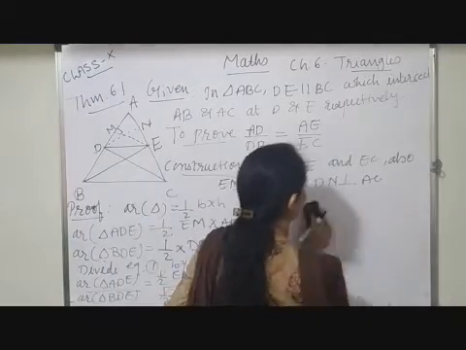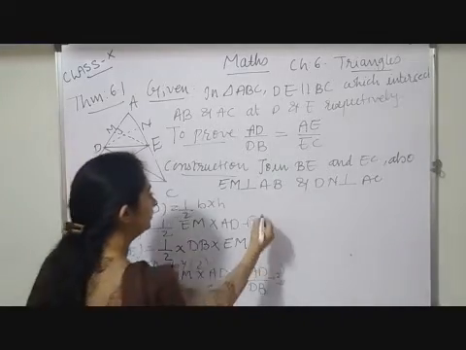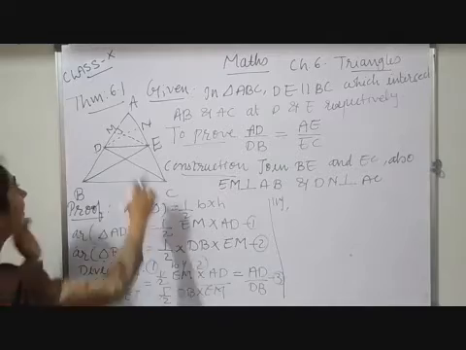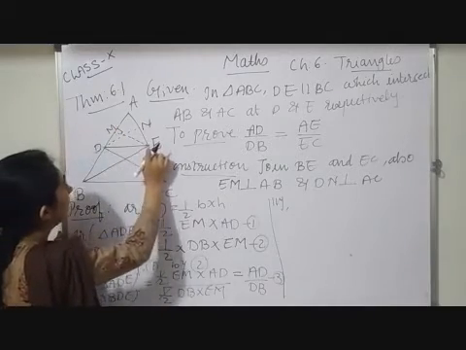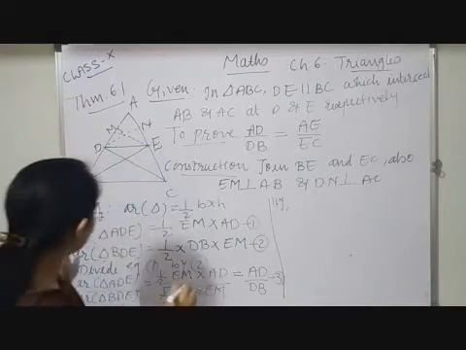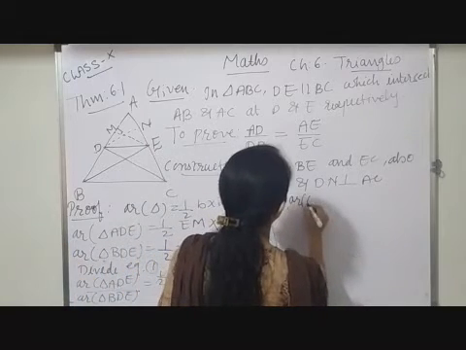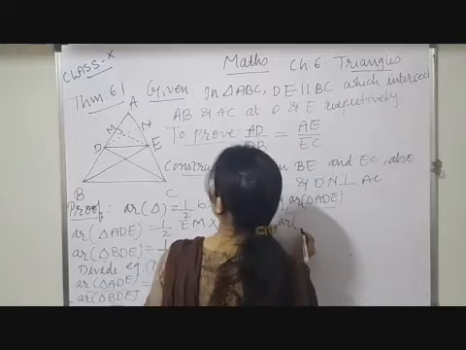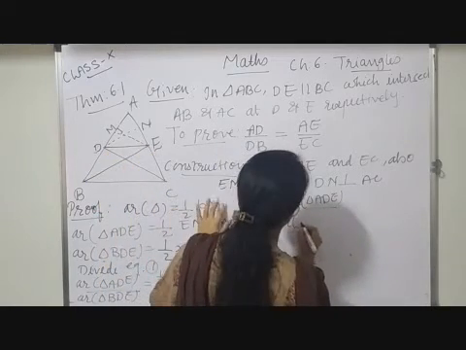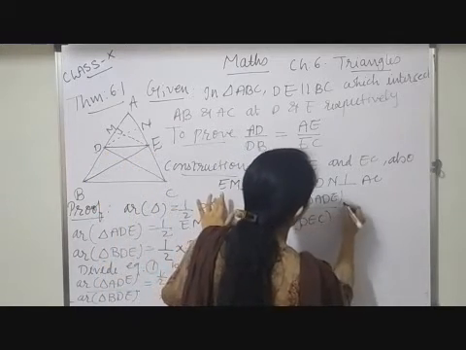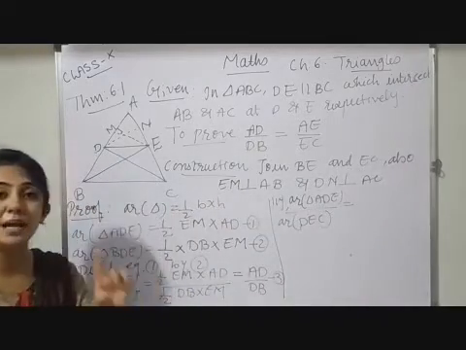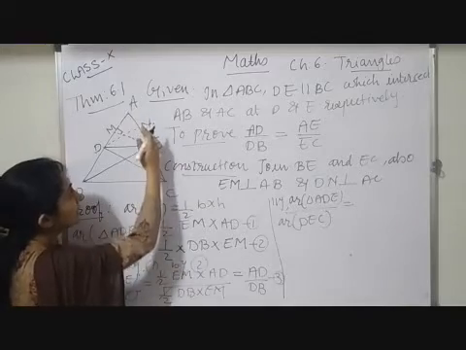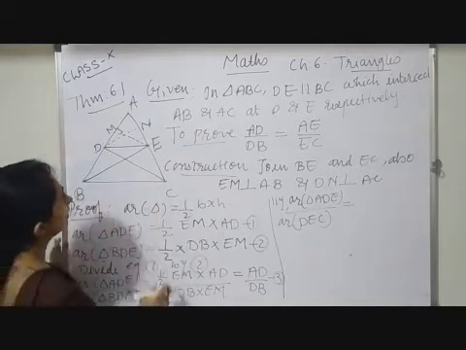Similarly, if I take the ratio of triangle ADE and triangle DEC, what am I getting? The area of triangle ADE upon the area of triangle DEC. The area formula is half base into height. Now listen to me. This triangle I have taken, so this side I am considering as its base.